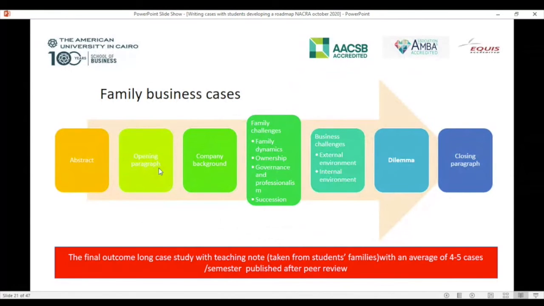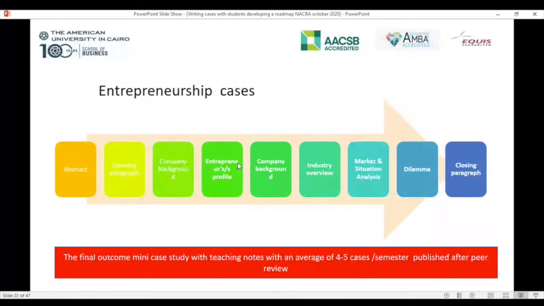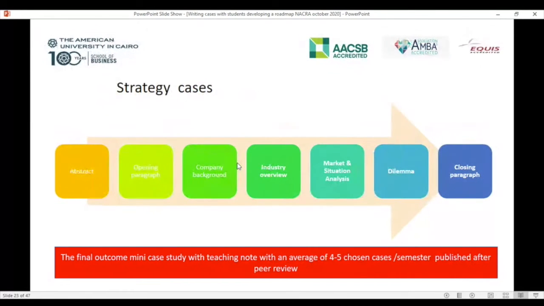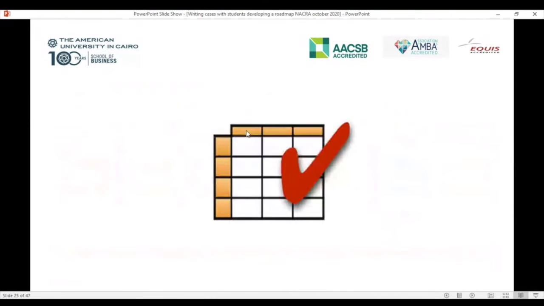And whenever the course passes, the instructor tries to remind them of the structure or the roadmap for writing the case. In fact, it differs from one topic to another. I do not want to go through the details of this, but this is mentioned and shared, and I can share the presentation with you if you want to have it.